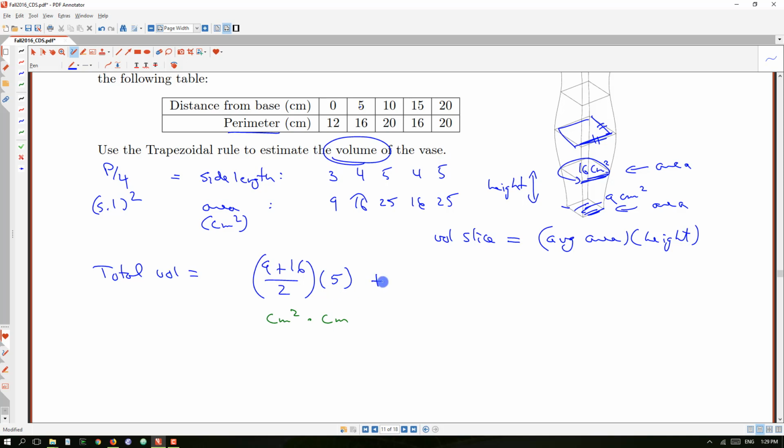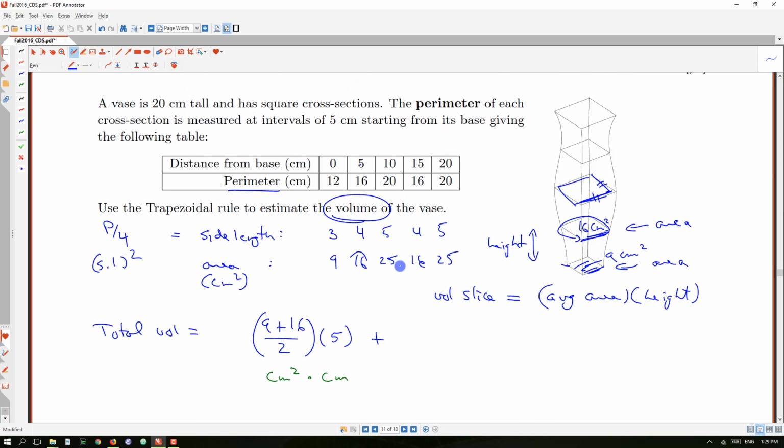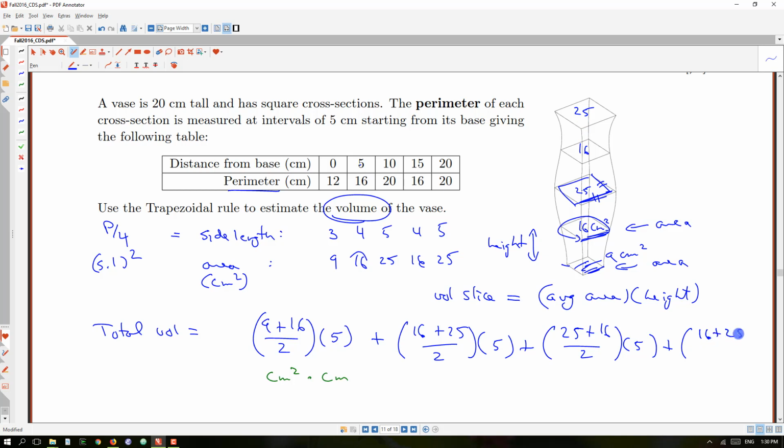And we just keep doing that for all the different sizes. We have 25 for the area next. Then it gets thinner again, so we have 16 and a 25. We just keep using the pairs: 16 and 25, and 25 in the next 16, and last but not least, the 16 in the last 25.